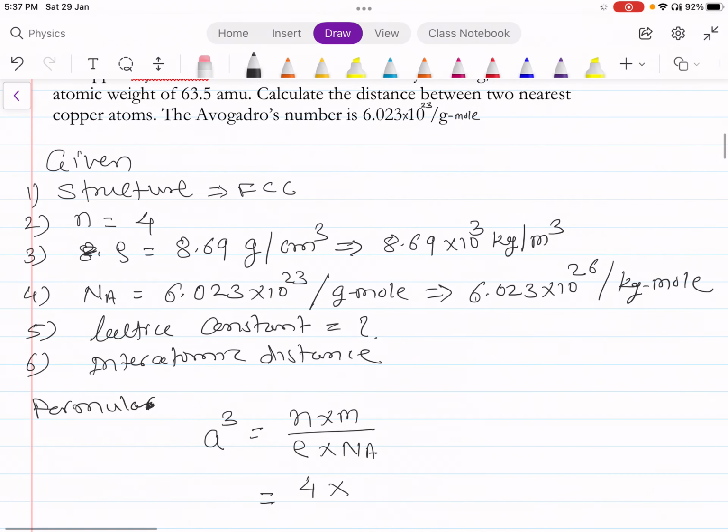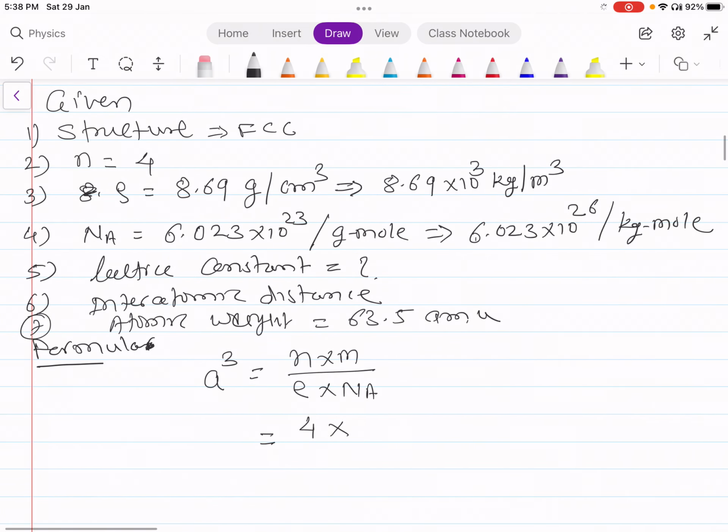One more quantity is given, that is the atomic weight, which is 63.5 AMU. So this is the formula.